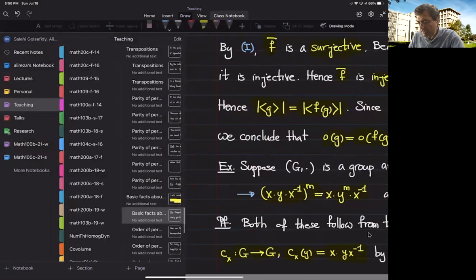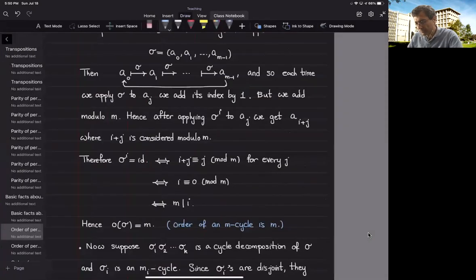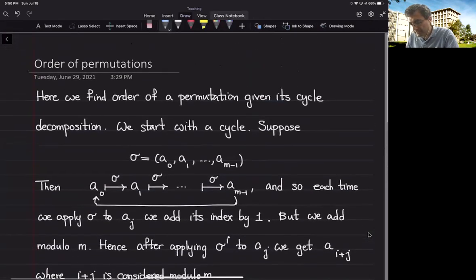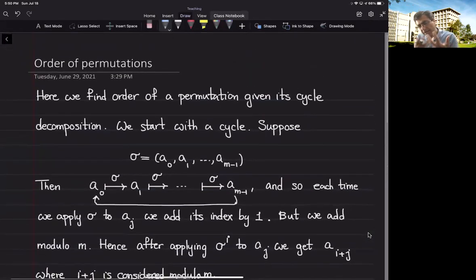Now that we know basic things about the order of elements and how they behave under homomorphisms, combined with the fact that because of Cayley's theorem, every finite group can be realized as a permutation group, we go back and pay special attention to permutations.